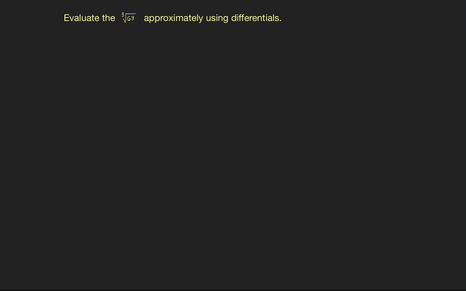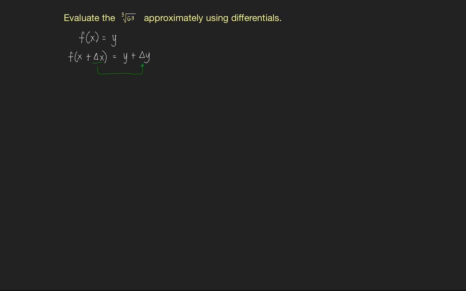Now remember, we recall for a function f of x equals y, and if there is a change in x, delta x, there is a corresponding change in y, delta y.